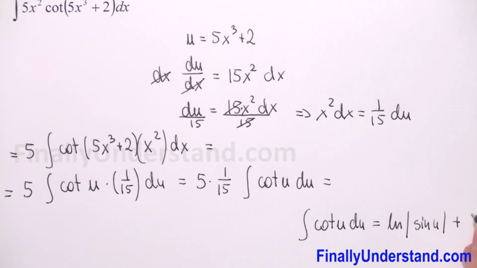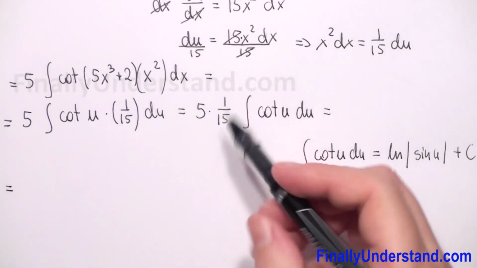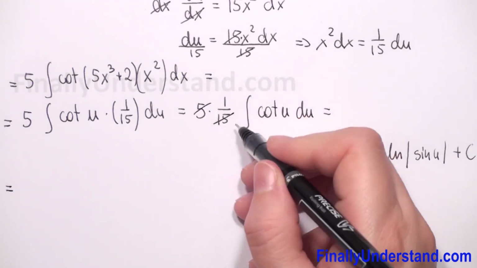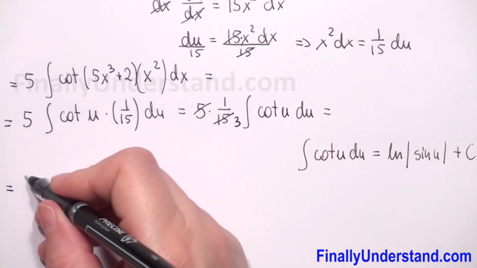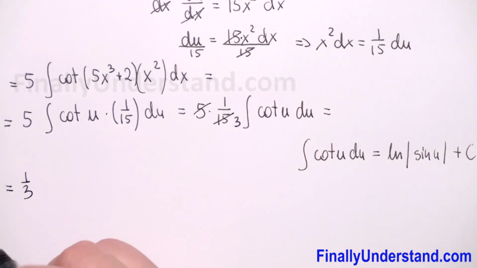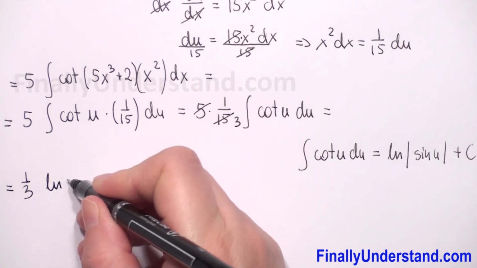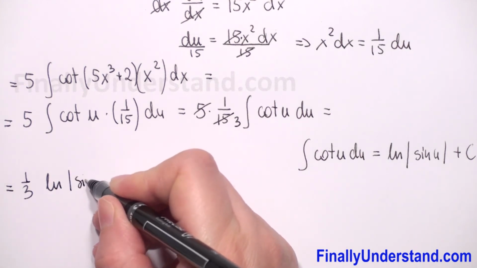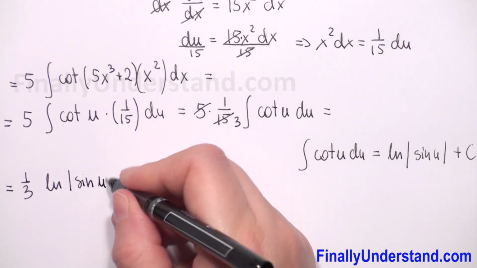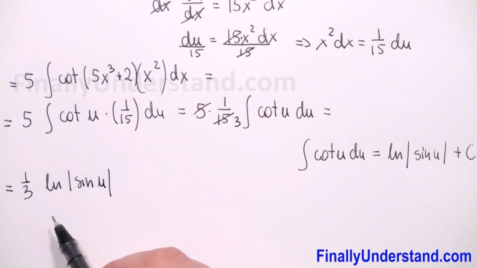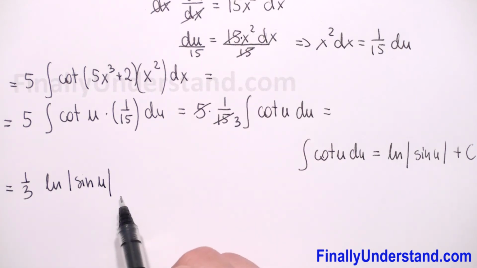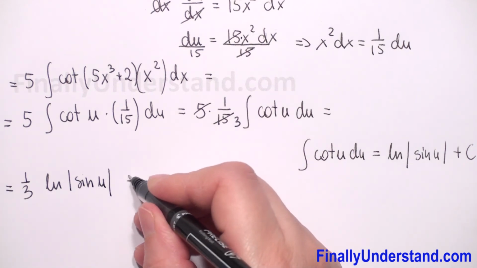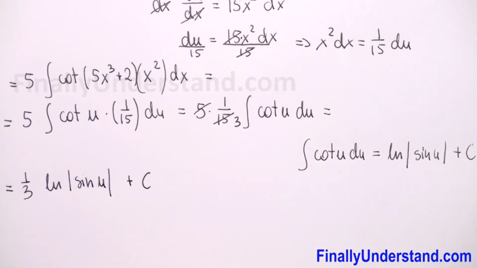Of course, plus constant because we have an indefinite integral. Now, we can rewrite 5 and 15 we can reduce. It will be 3. So we have 1 over 3 times the natural logarithm of the absolute value of sine of u, plus constant. When we multiply 1/3 by a constant, we still have a constant, so I can just write plus c.